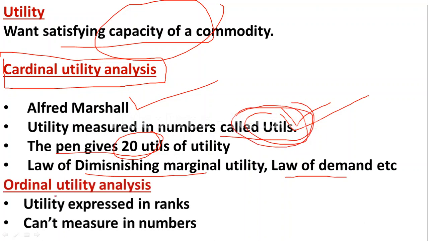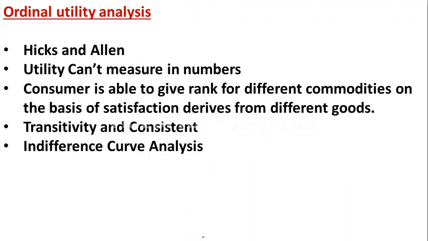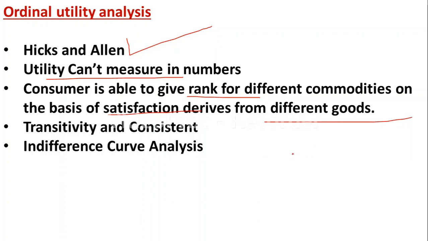Then ordinal utility analysis. Here we cannot measure the utility in numbers; instead we can give ranks. This ordinal utility analysis was given by Hicks and Allen. The consumer is able to give ranks to different commodities on the basis of the satisfaction derived from different goods. For example, there are two goods, apple and banana.